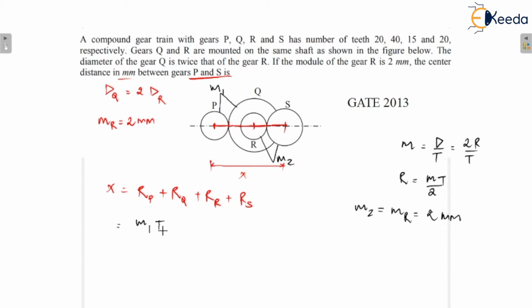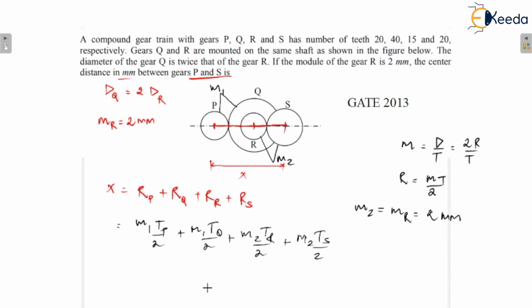So we can find out x as M1 TP by 2 plus M1 TQ by 2 plus M2 TR by 2 plus M2 TS by 2.